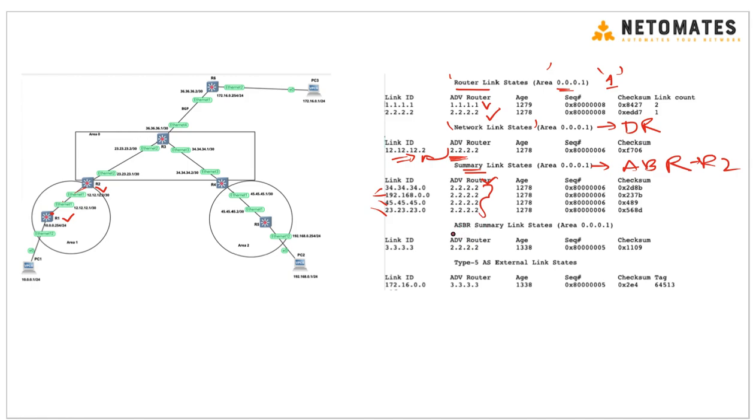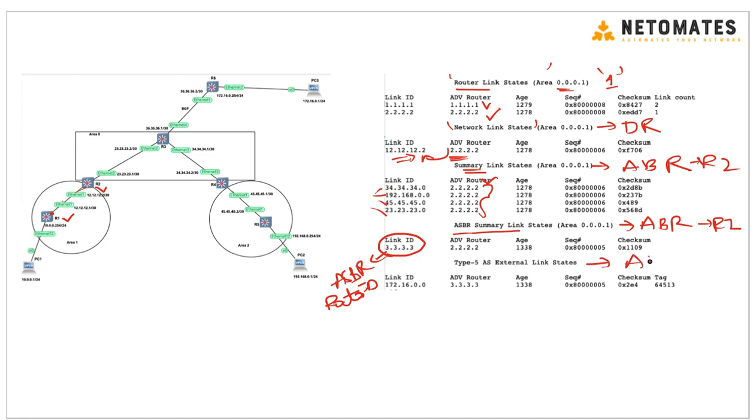And next one, ASBR summary link. This is type 4, and this will be generated by the ABR only. So for area 1, the ABR is R2. So R2 will generate this LSA telling the router ID of the ASBR.